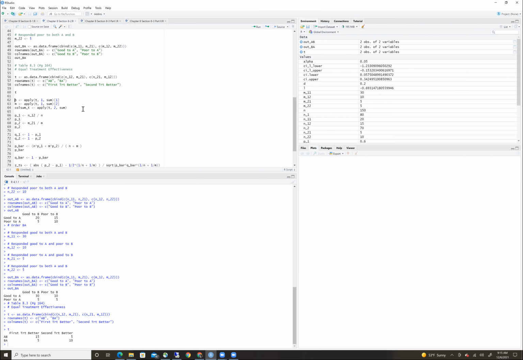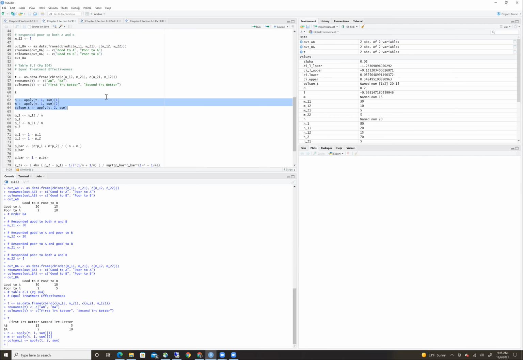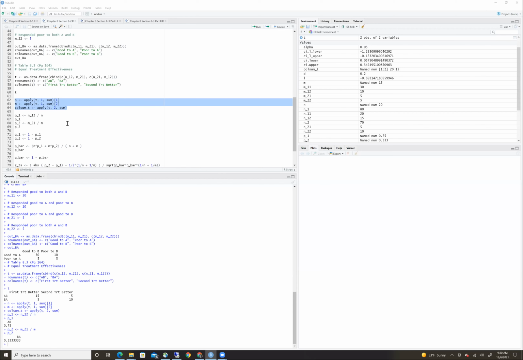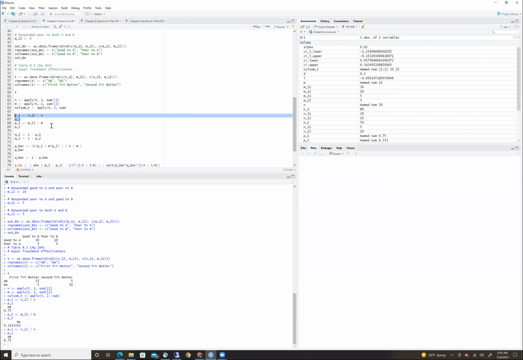And I can also get the column sum. Okay, so if we look at proportion 1, we can take n12 over n, and we notice that that's 0.75.